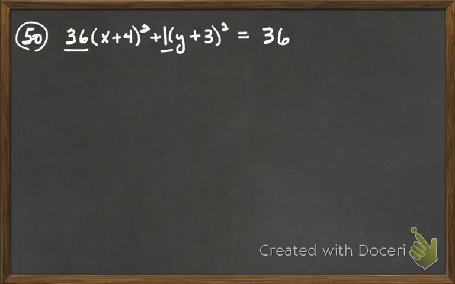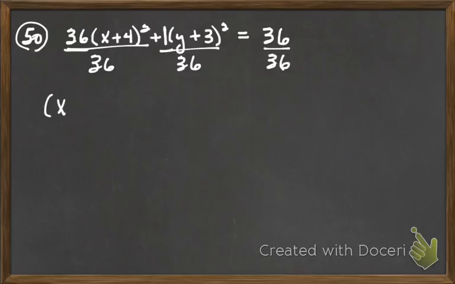This is an ellipse, but my equation can't equal 36, so in my next step I need to divide everything by 36. I didn't have to complete the square because they already had those nice little binomial squares for me. All right, so I'm going to end up in standard form as x plus 4 squared over what? Understood 1.